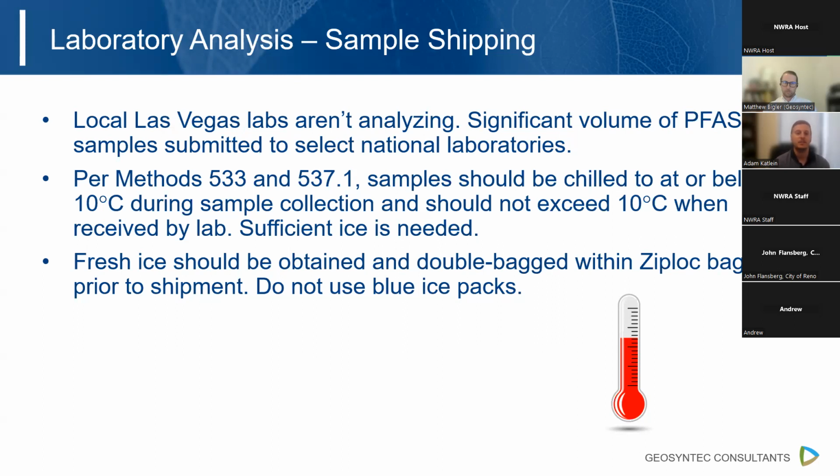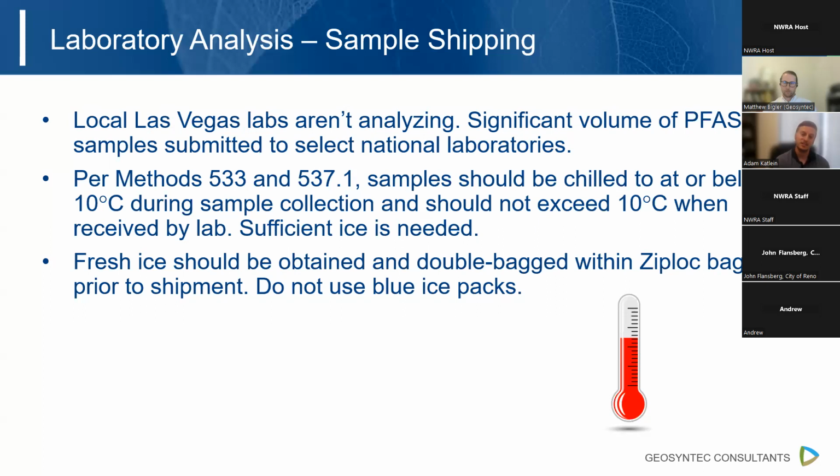Per methods 533 and 537.1, samples should be chilled to at or below 10 degrees Celsius during sample collection and should not exceed 10 degrees Celsius when received by the lab. This means that because pretty much all of these samples are going to have to be shipped a significant distance, you're going to need a lot of ice.